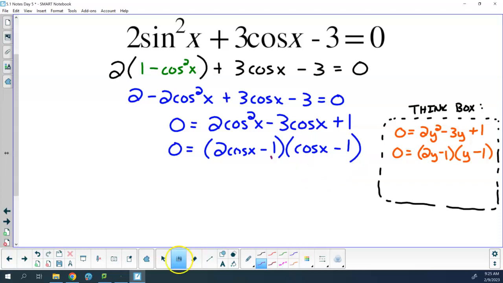And if I multiply these two together, I get positive 1. Now I can set my factors equal to 0.